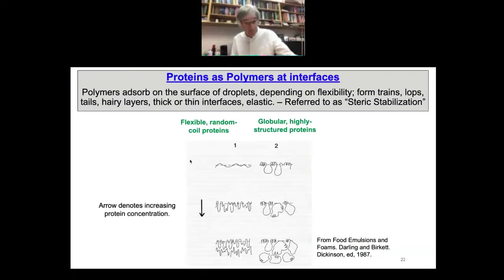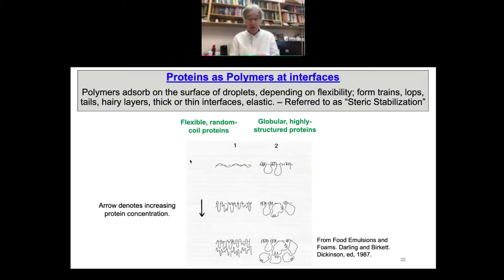So proteins, when they adsorb to interfaces, are fairly large molecules, of course. And when they adsorb to interfaces, they're going to rearrange at that interface in order to come to some kind of a lowest free energy state, based on the hydrophobicity and the hydrophobic patches within that particular protein and its ability to unfold some of those tertiary bonds and rearrange.